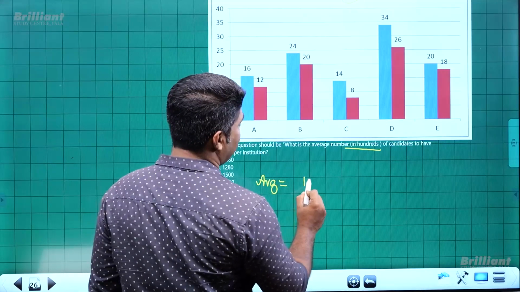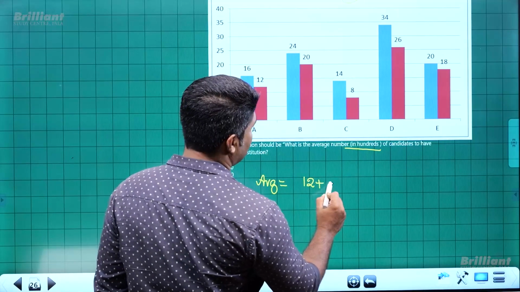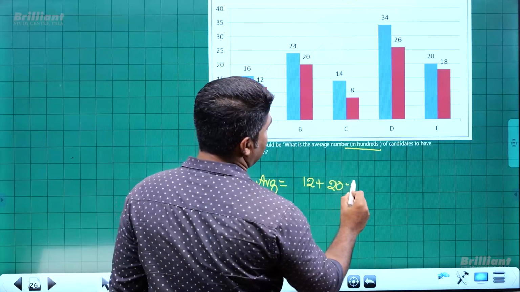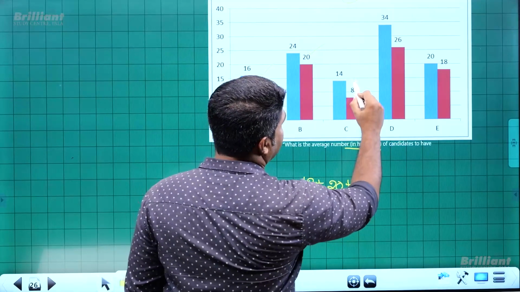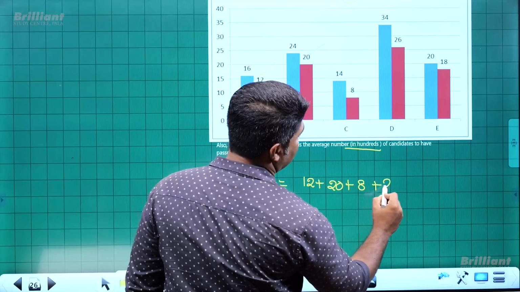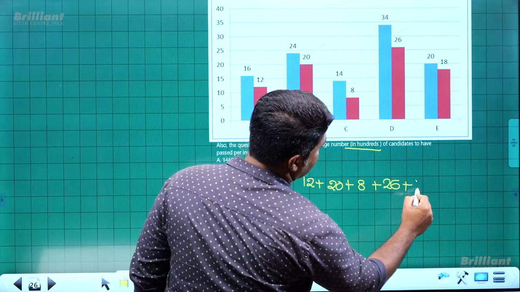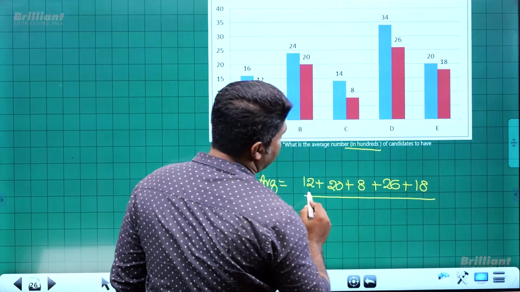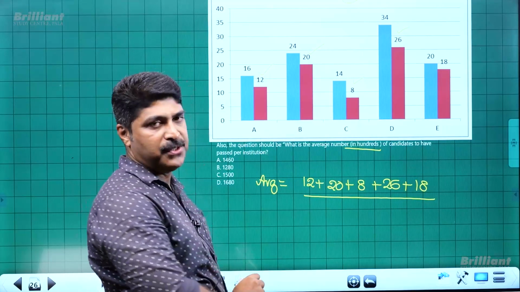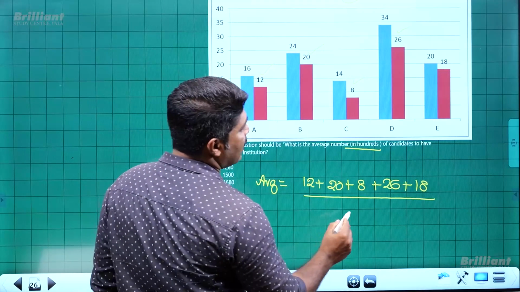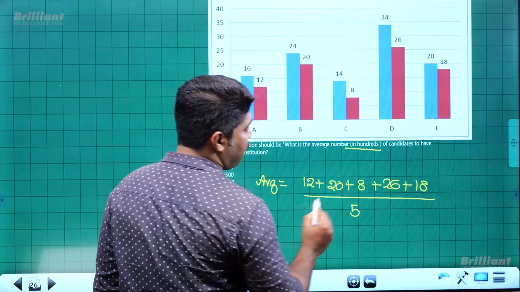These values: 12, 20 plus 8 plus 26 plus 18, all divided by how many observations? Here we have 5 such institutions. Therefore, we have to divide it by 5.